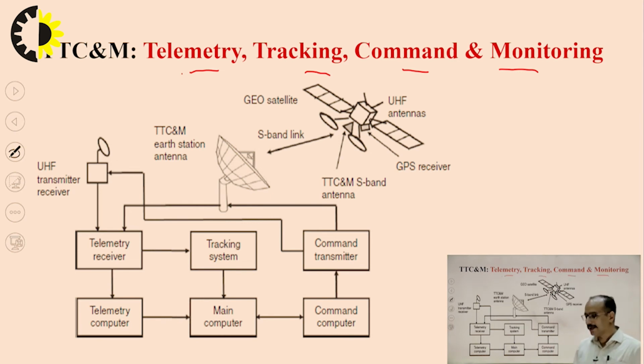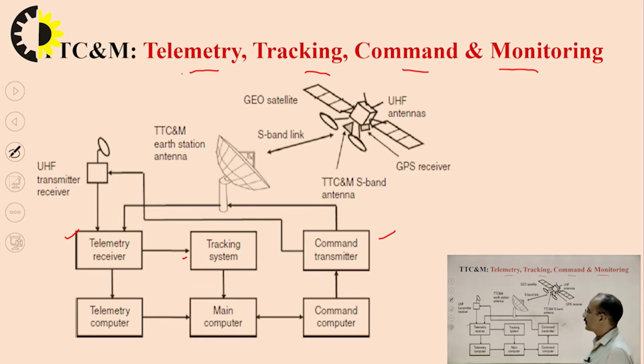So combined, this system makes the telemetry, tracking, command and monitoring subsystem. You can see that here we have three individual sections. The first one is the telemetry section, the second one is the tracking system, and the third one is command. Monitoring is somehow related to the telemetry receiver, that's why it is combined in this part.